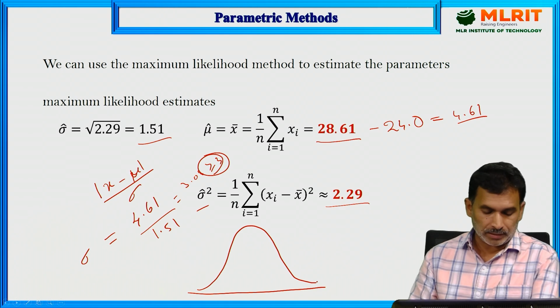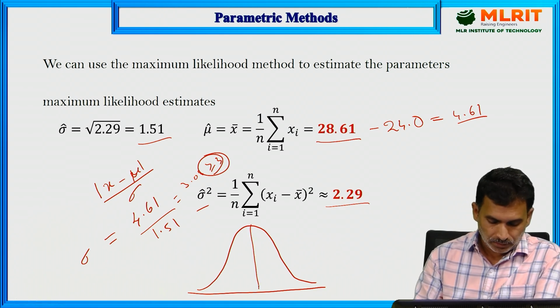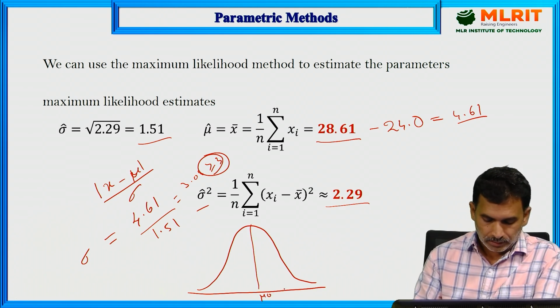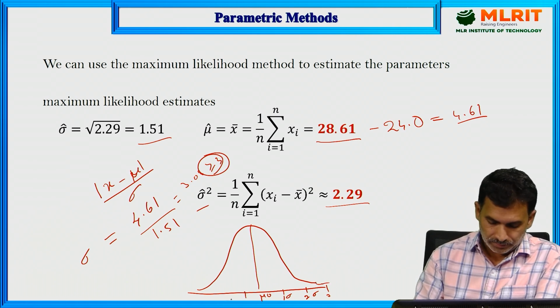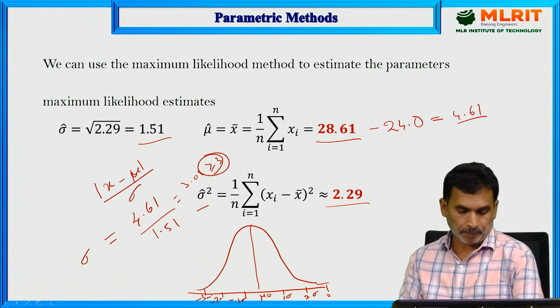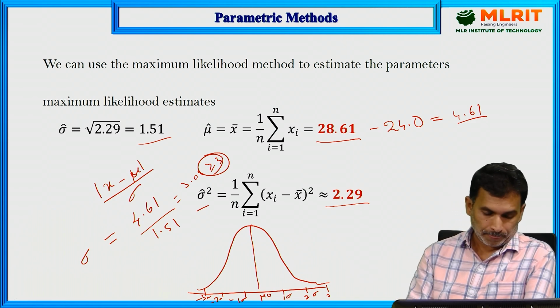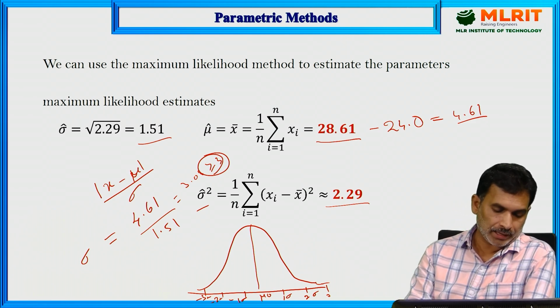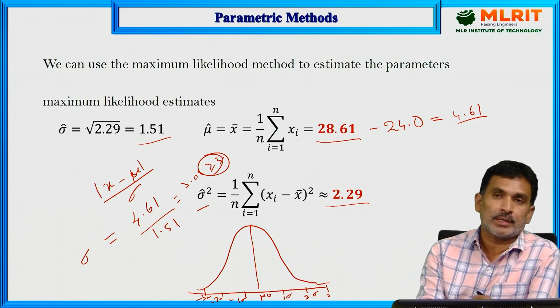This is normally distributed data with mu equal to 0, and this is one standard deviation away, two standard deviations away, three standard deviations away, and likewise minus 1, minus 2, and minus 3 standard deviations. From this, we understand that the deviation here is more than 3 standard deviations.